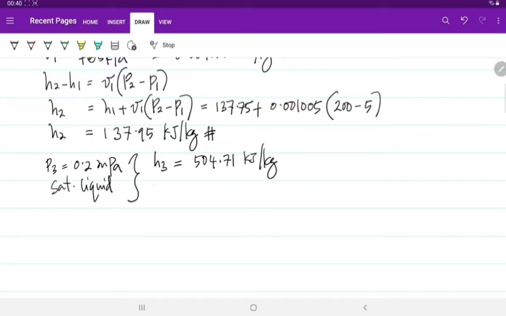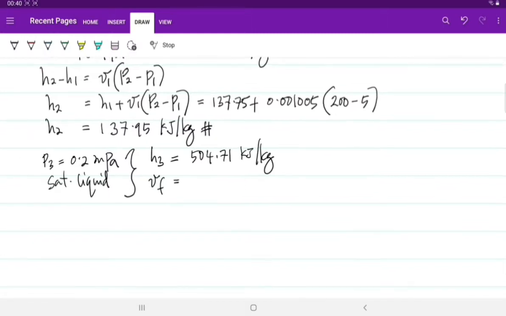We need VF as well, because later, since it is in the pump, when you want to compute point number 4 you will require the specific volume. Specific volume at point number 3 is VF at the pressure of 0.2 megapascal.